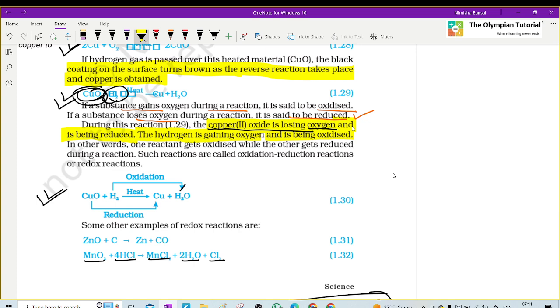Both of these happen simultaneously in a reaction, and these types of reactions are known as redox reactions.